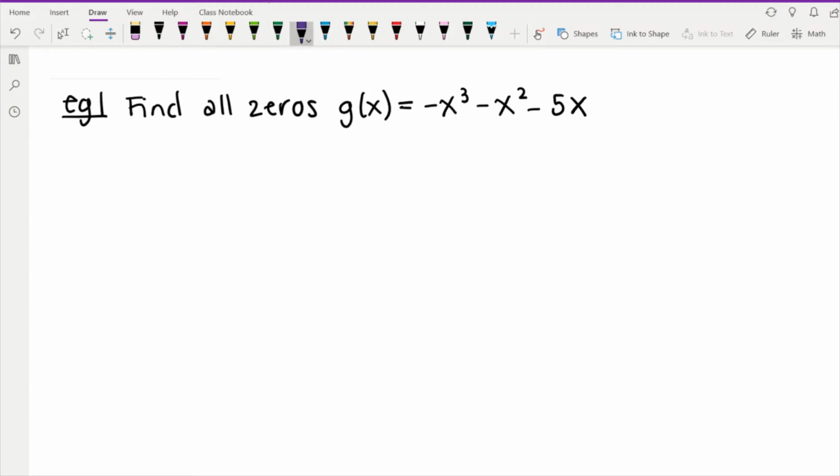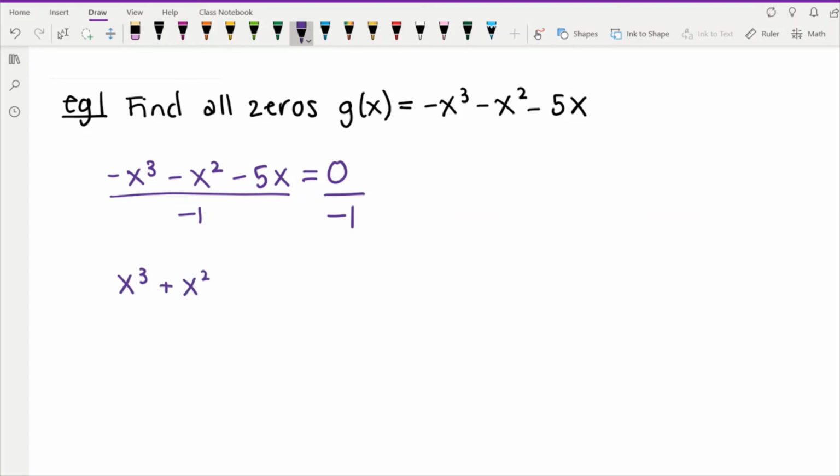Okay, so how do we find the zeros? We basically just want to take our function and set it equal to 0. And so in this case, to get rid of that extra negative sign that can make things confusing, we can divide both sides by negative 1. And so we get x cubed plus x squared plus 5x is equal to 0.